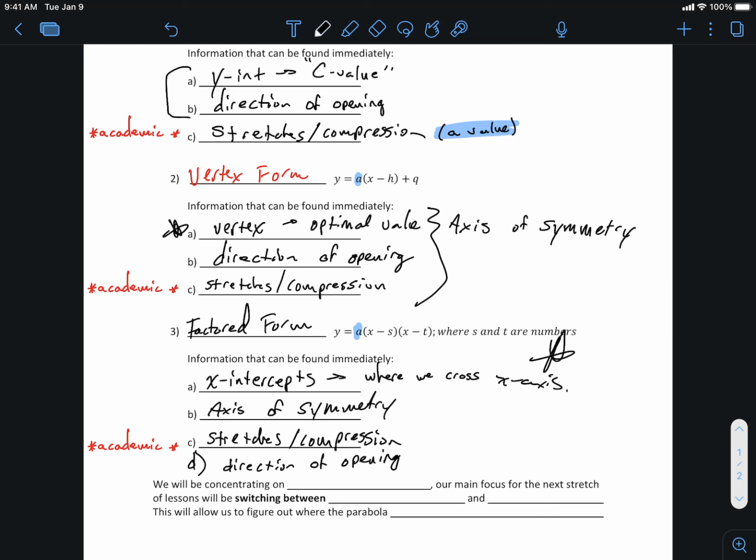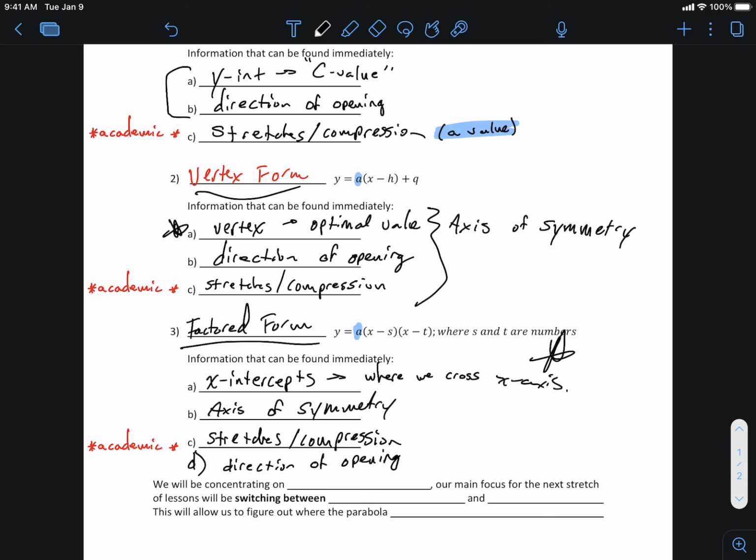So if you understand the last 2 days, and you're looking at those graphs and being able to identify the key information, that is what we're trying to do for the next 8 days: use skills that I'm going to teach you in order to write the parabola in one of these 3 forms so that you can read off information that you are interested in, in the context of a question.